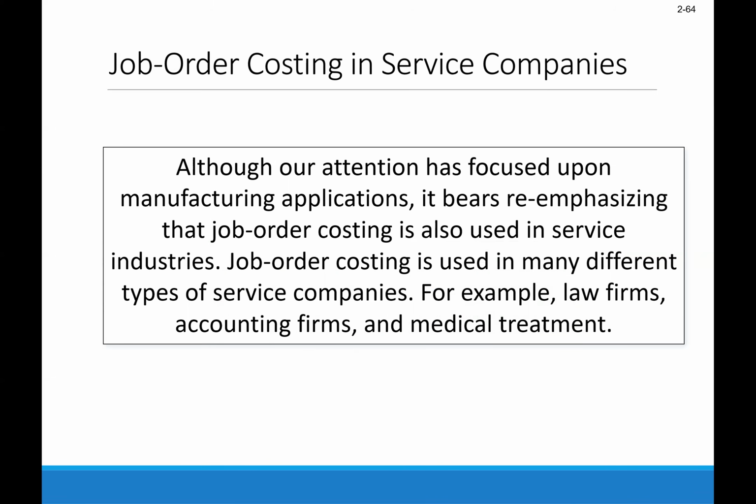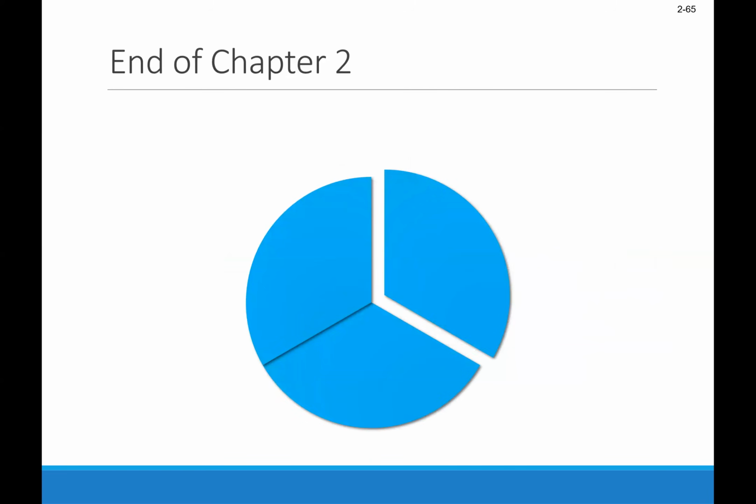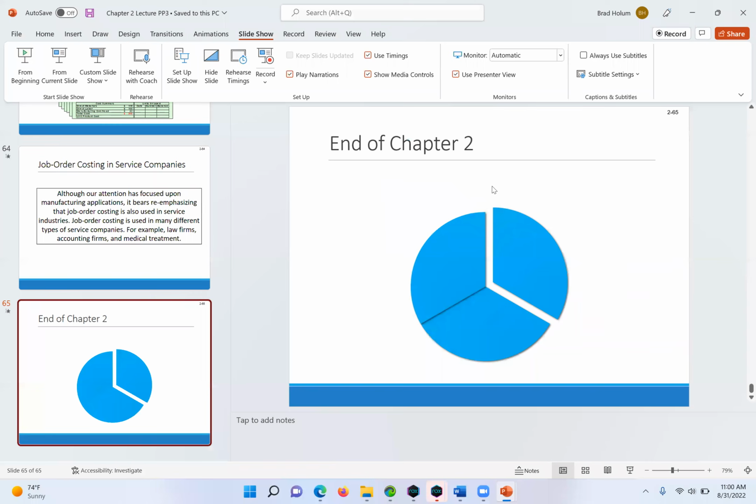We're looking at manufacturing companies, but service companies can use job order costing also, just so you know. It's common with manufacturing, but it's still very common in job order costing. That really covers what we're going over for chapter 2.